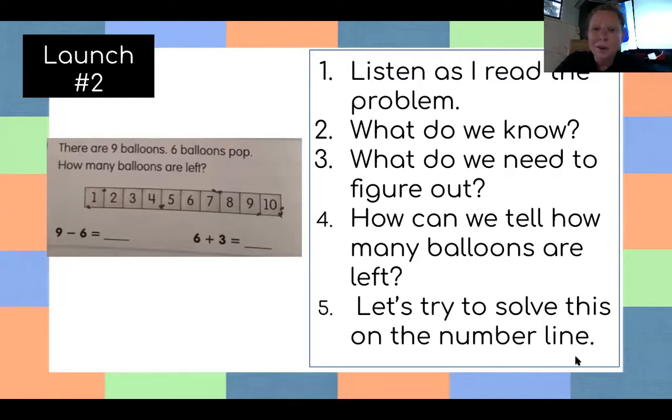We know that there are 9 balloons. What else do we know about this problem? That's right. We know that 6 balloons pop. What do we need to figure out?